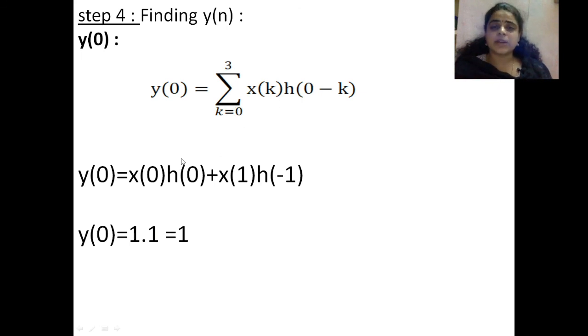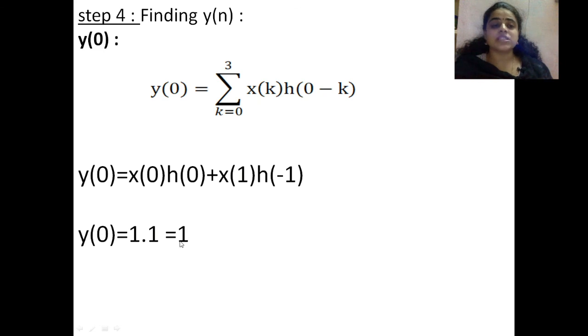Only valid terms will get values, and then they will get multiplied. If there are more terms, then they will get added. Finally the result will come.